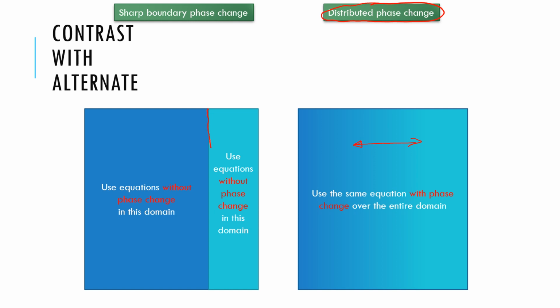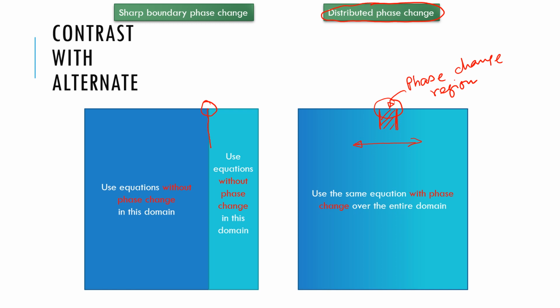What we see after we solve it is phase change, instead of happening at an interface, it is happening over a region. So this is the phase change region. Okay, so that's the contrast, that it is not a sharp interface like here, but instead it's a region.